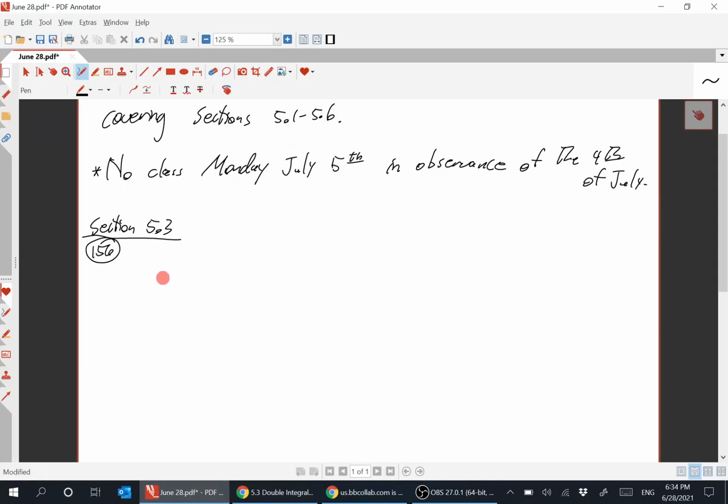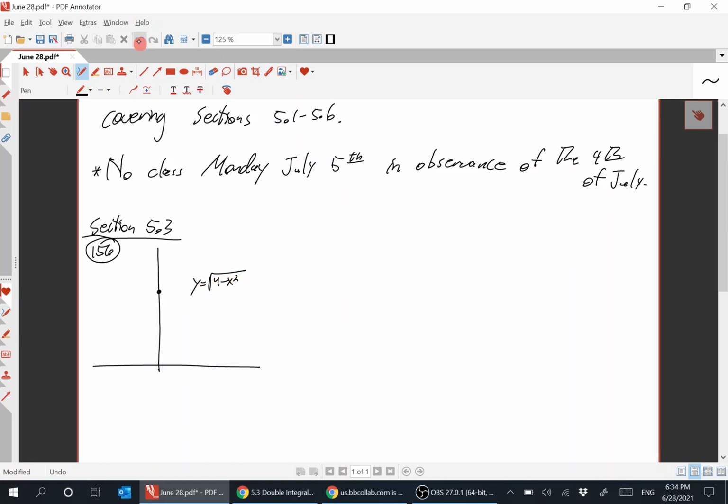So what it is describing is the following. We've got the circle of radius 2 in the first quadrant here. So this is y equals square root of 4 minus x squared.